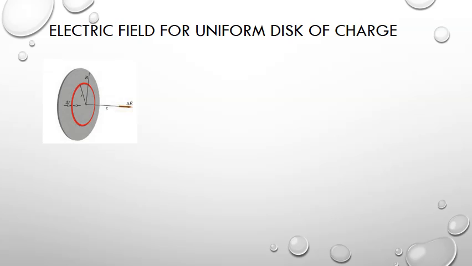Alright, so how do we actually calculate that electric field? Well, we're going to calculate this electric field in a similar manner we've done in the past. We're going to calculate the infinitesimal element of dE created by every ring of charge in the disk.